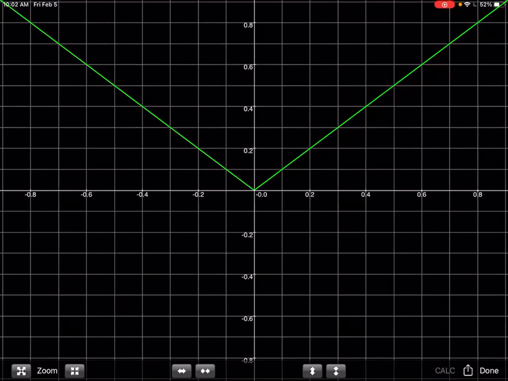Yeah, so this graph looks like a V. If you weren't able to find it in the calculator, that's okay. We're going to go through it a second time.